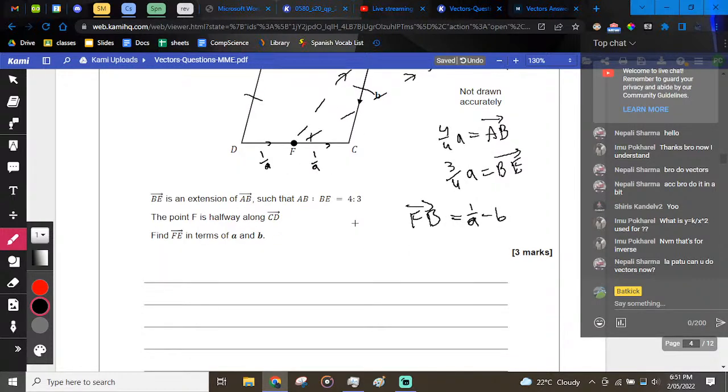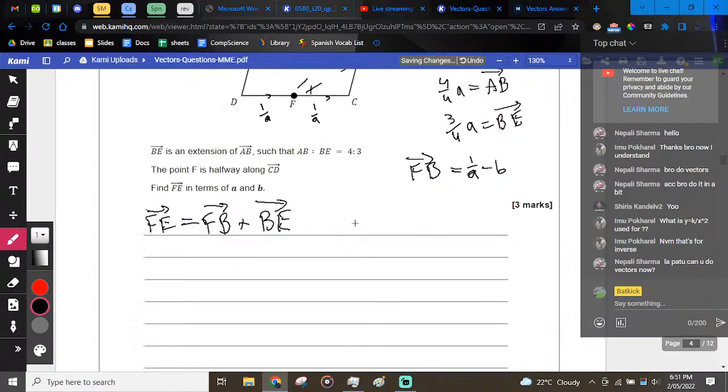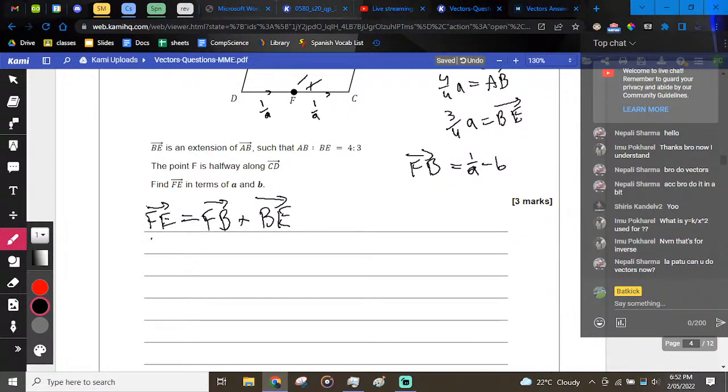Therefore, F to E is going to be F to B plus B to E. Makes sense? We can throw in our numbers. F to E equals F to B, half a minus b.